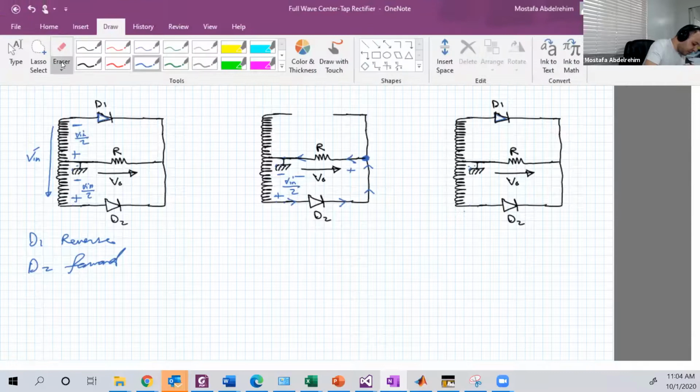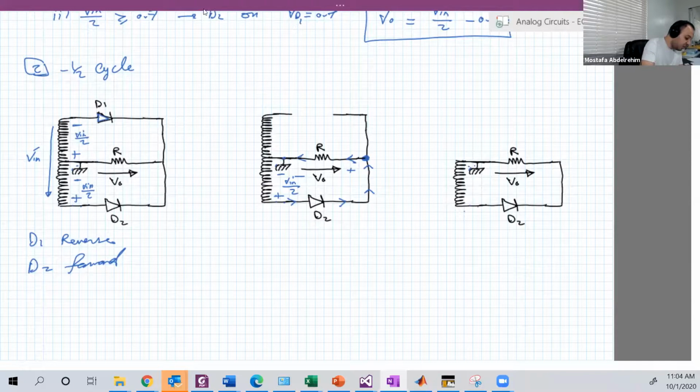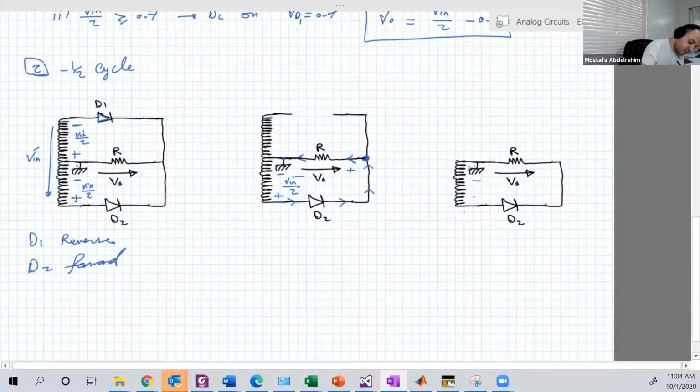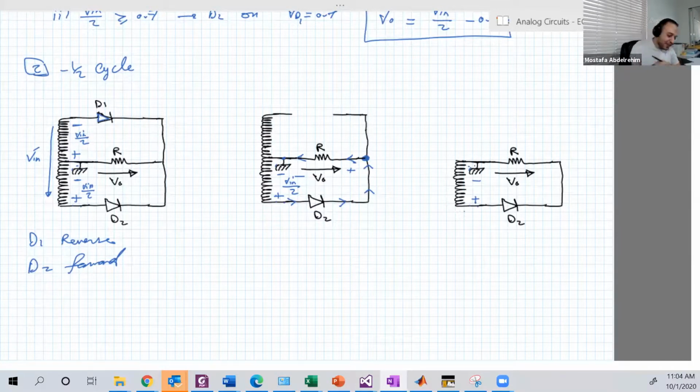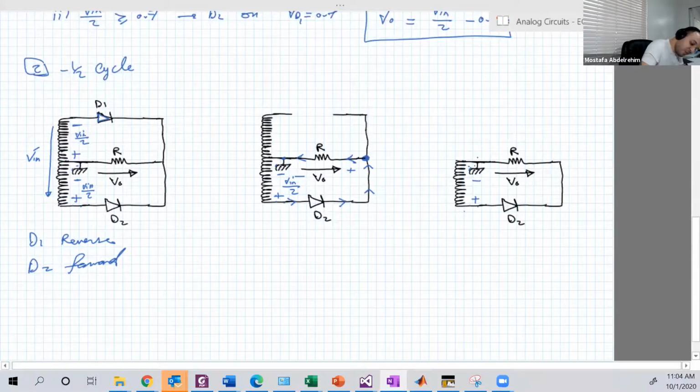And basically you can just remove the upper half of the circuit as a model and continue with the lower half. We like our ground to be at the bottom, so I will take this branch and flip it around.